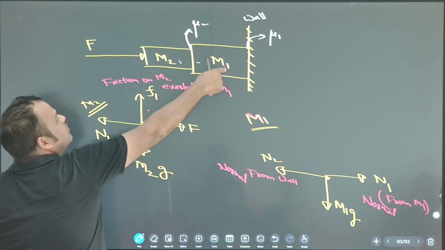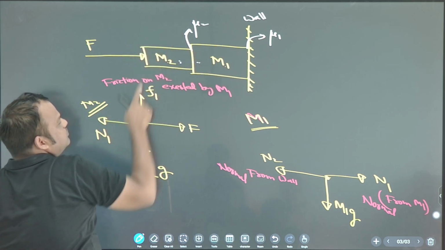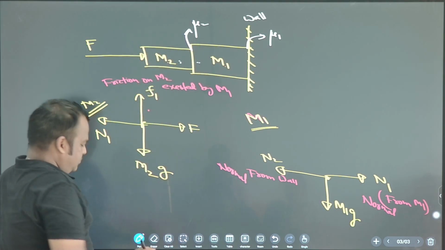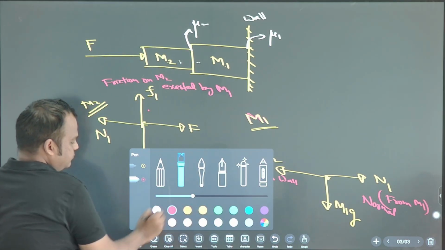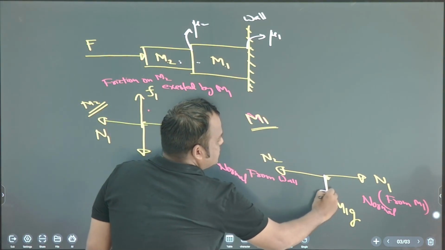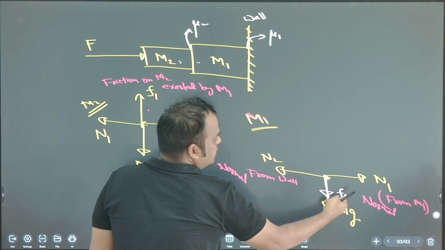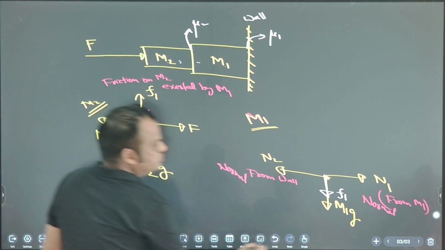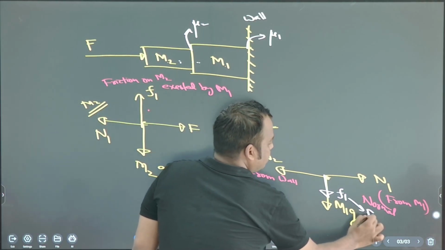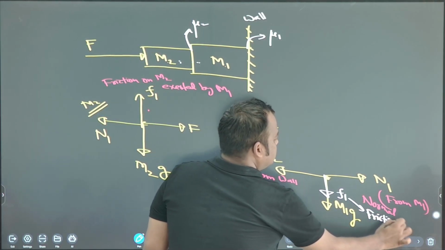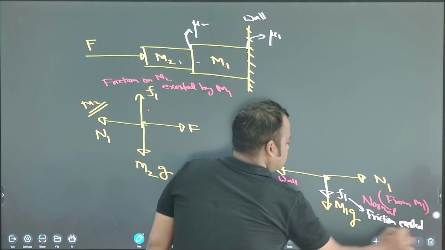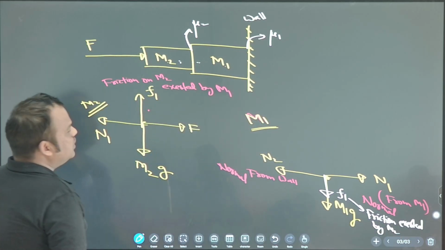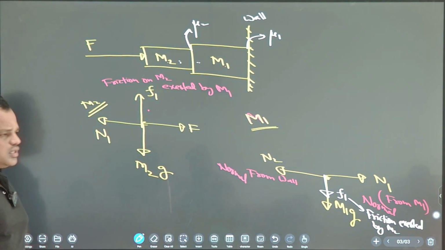M1 exerts friction on M2 up, so M2 exerts friction on M1 down. So draw. This is F1, the friction exerted by M2. See, is friction a real force or a pseudo force?